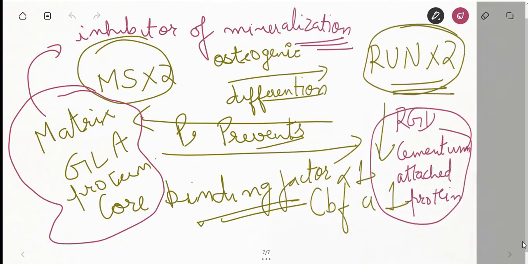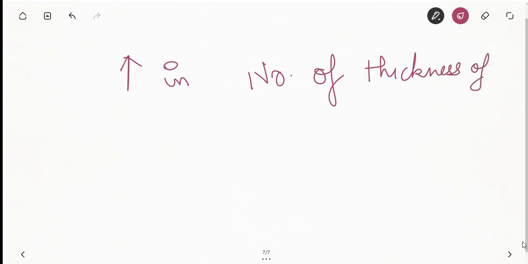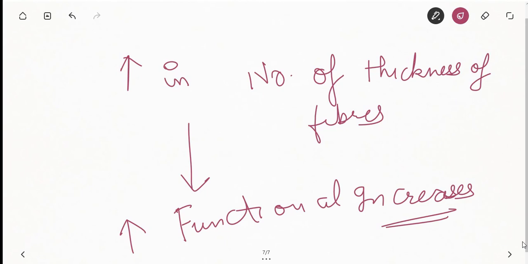So if there is an increase in the number and thickness of fibers, that means there is increased functional change.